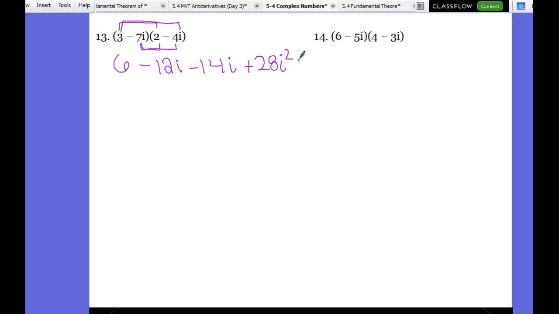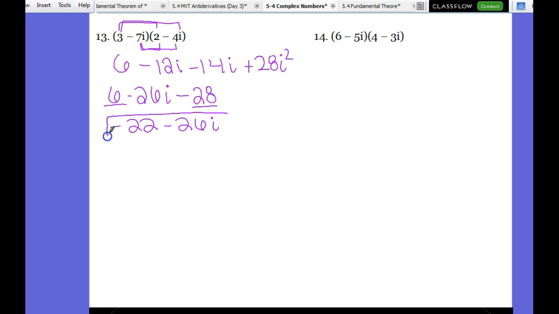Combining like terms and trading out i squared, you get 6 minus 26i minus 28. Because i squared became negative 1, so you got negative 28. But now what happens is I have two sets of real numbers, so you get negative 22, negative 26i.